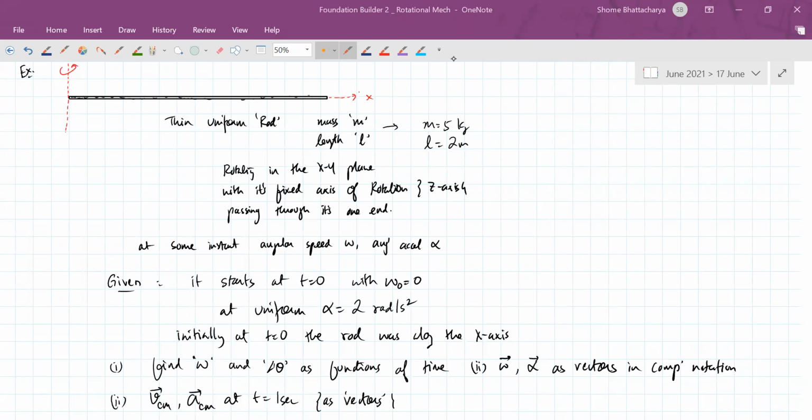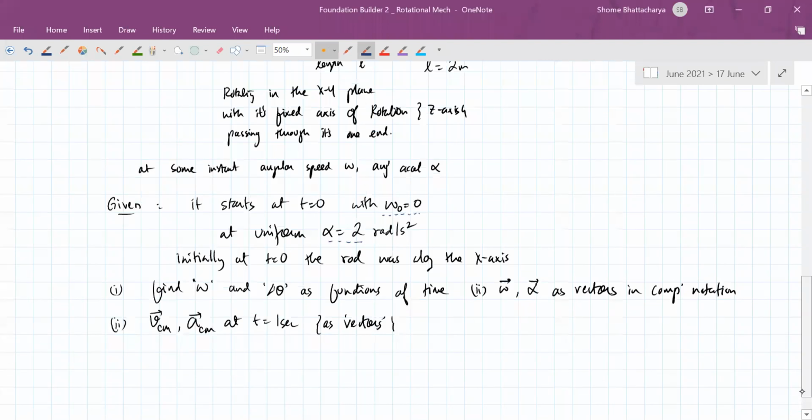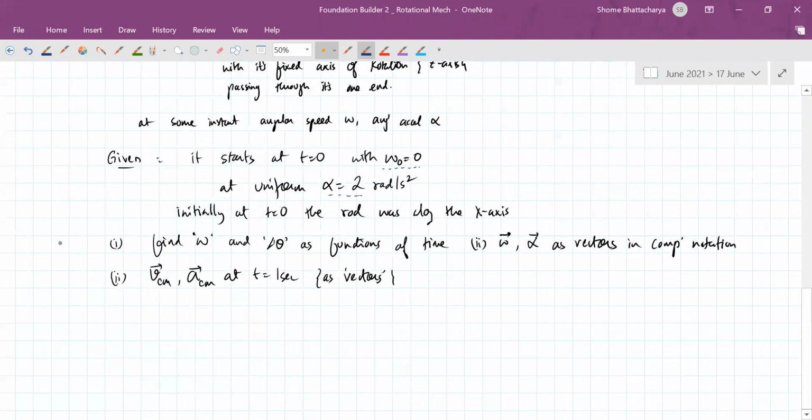So, the first part of the question, nobody's got. It's pretty simple. Its angular speed is 0 initially, and its angular acceleration is uniform. So if you just use calculus, initial angular speed is 0 at t equal to 0, and alpha is 2 radians per second square, uniform.